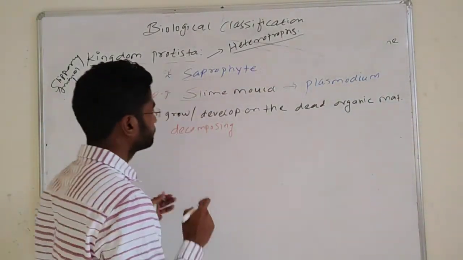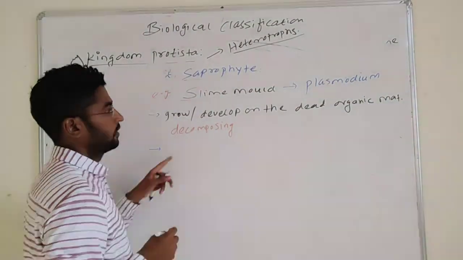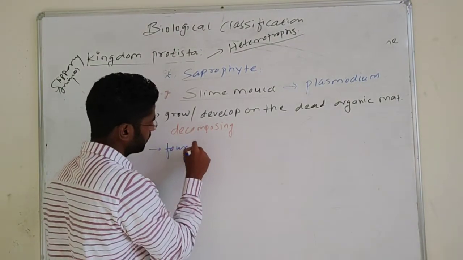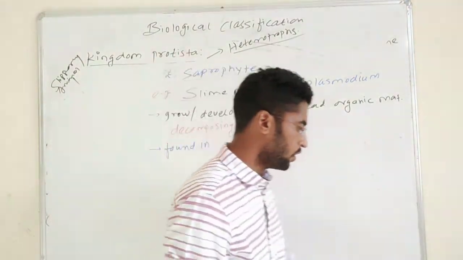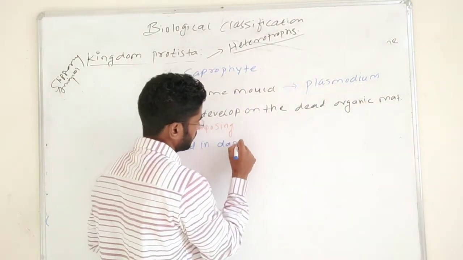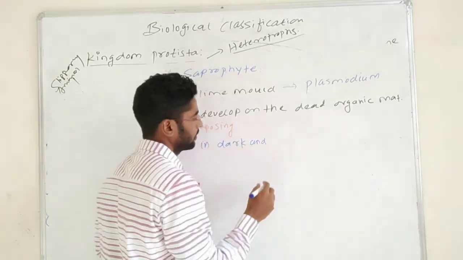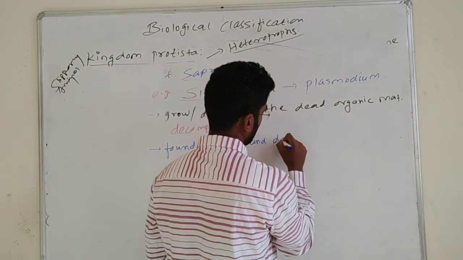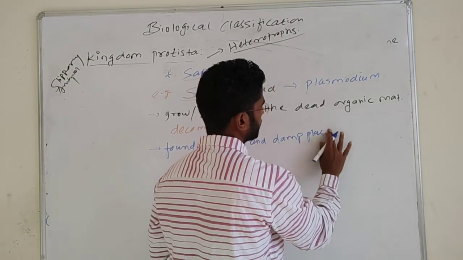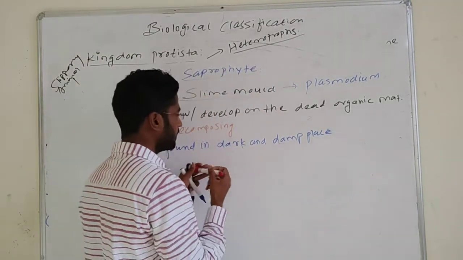Now these slime molds are normally found in dark and damp places. Dark and damp place, what does it mean?